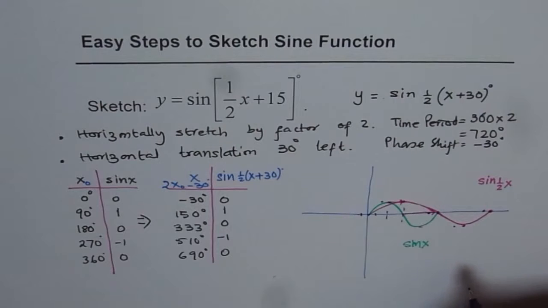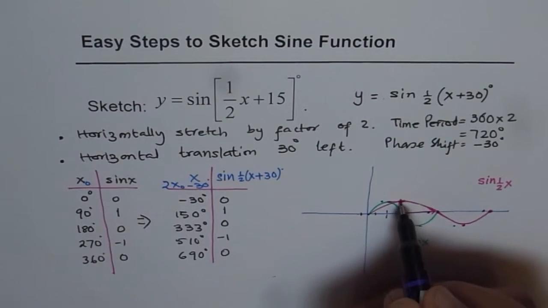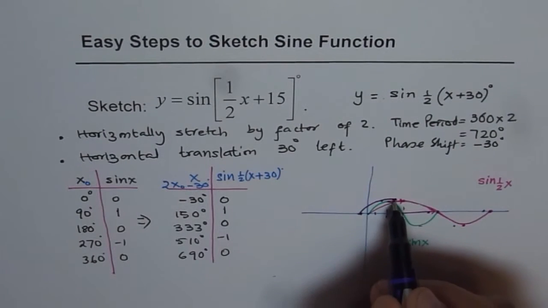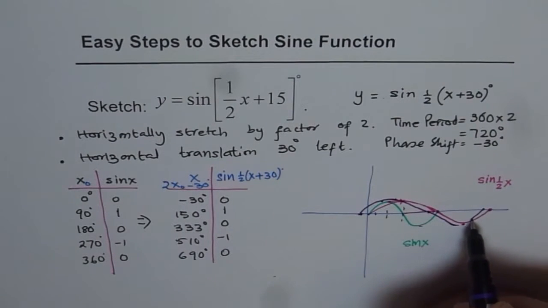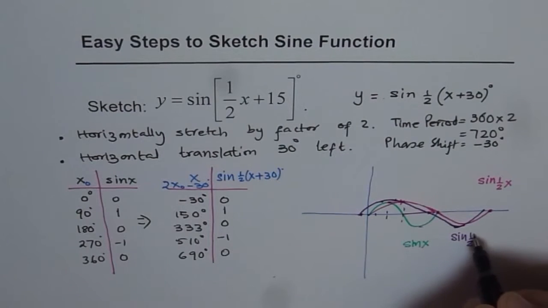So these points will be kind of left. Now we can join these points to get our function. So this was maximum here, so this maximum will move to this place. So we have a function like this, correct? So that will be our final sine function, which is sine of half x plus 30 degrees.